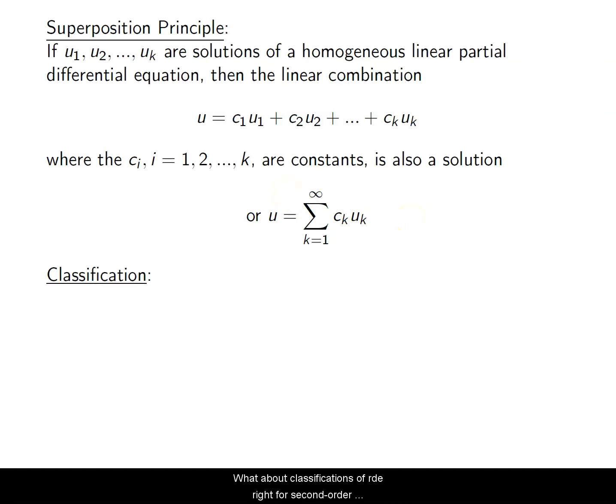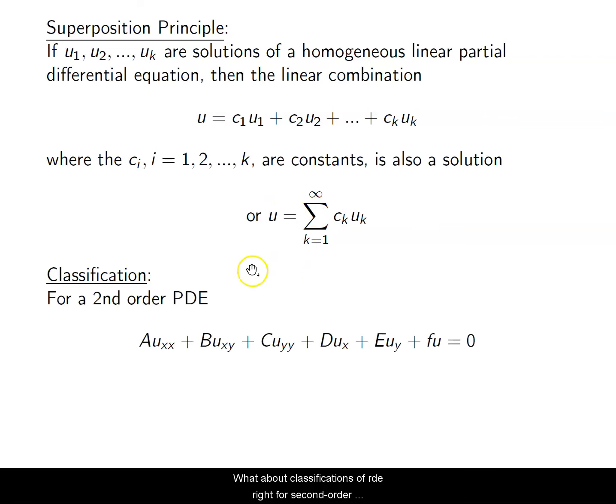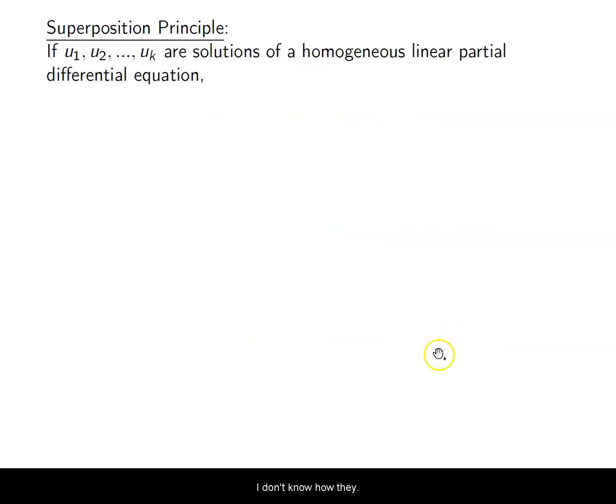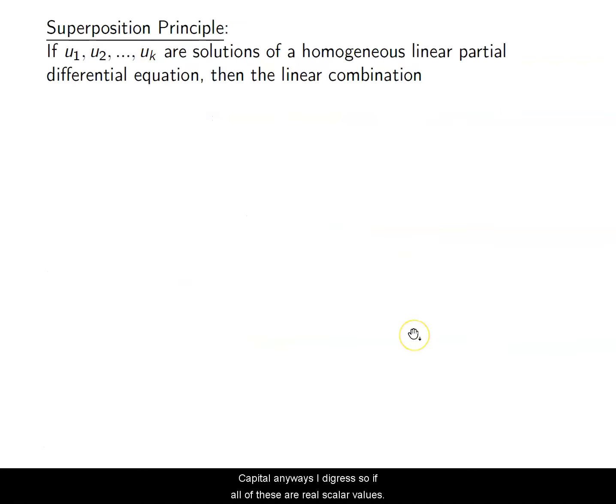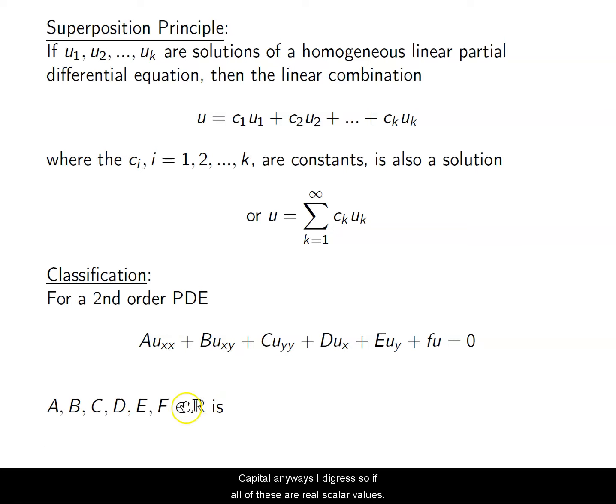So let's talk about classifications of PDEs. For the second order linear general form, again, this should be capital F. I've been cutting and pasting with the small f here. I don't know how that came in. Everything else is a capital. Anyways, I digress.